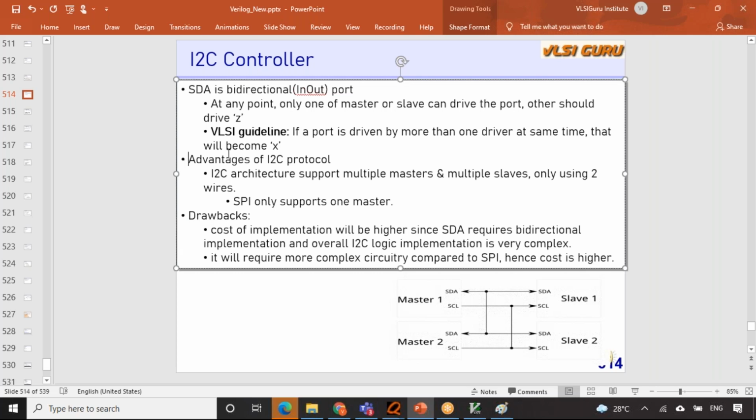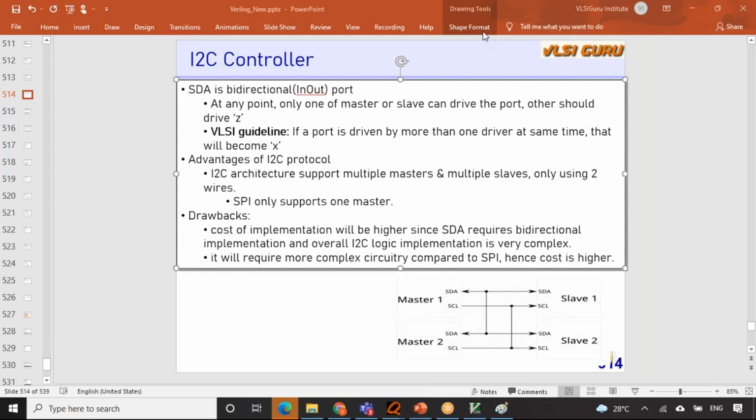You need to code in such a clean manner, so that if master is driving SDA, at the same moment exactly my test bench should be making it Z. Test bench should be driving SDA to Z. If test bench is driving SDA, because in our environment slave will be test bench, then if slave is driving SDA, my master design should be driving Z.